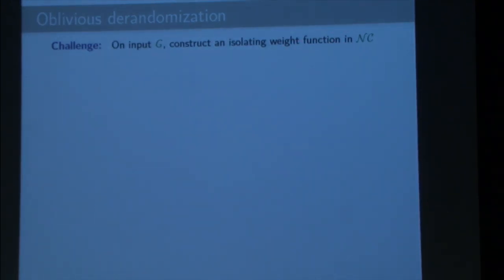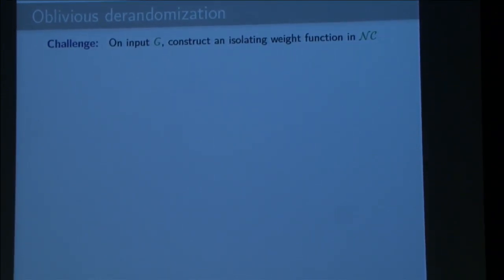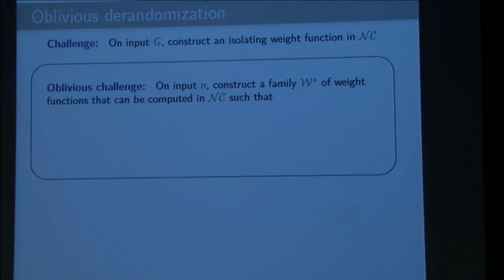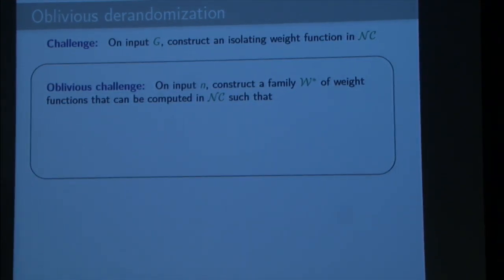We don't want to get bothered by what we can do in parallel time. So let me give you a cleaner challenge that is oblivious in the following sense. I don't give you the graph as input. I only tell you the size of the graph. Now you don't want to construct one weight function, but a family W of weight functions. They have to be of simple structure.